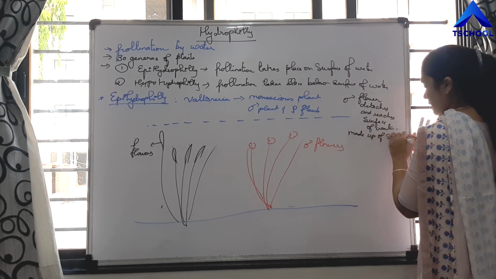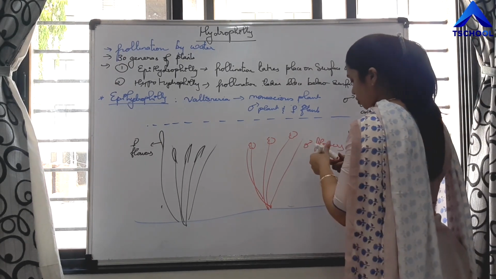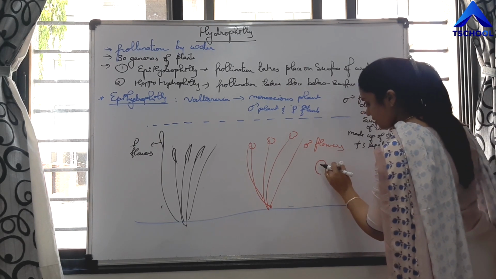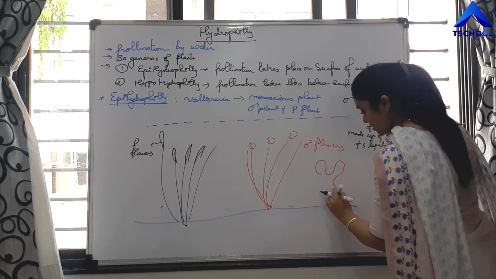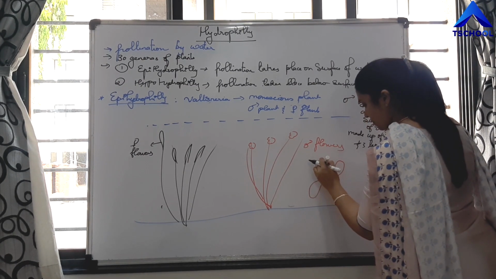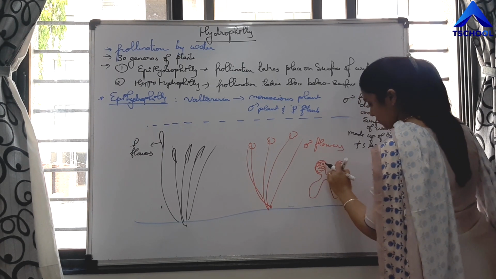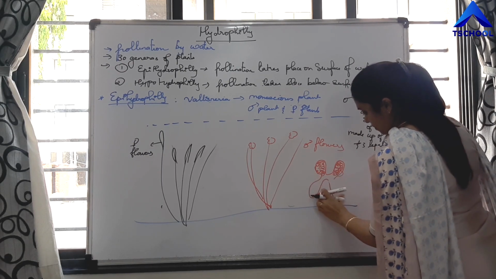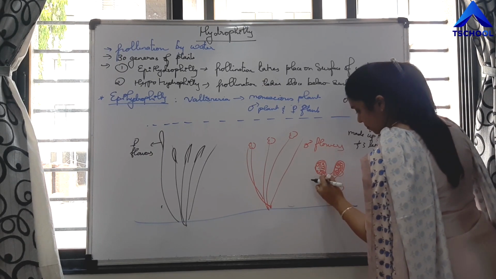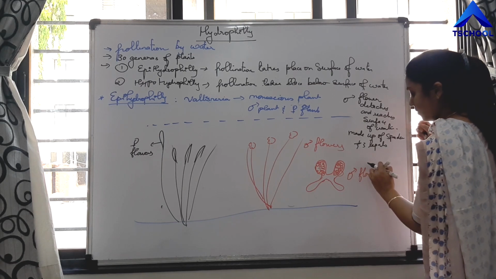spadix and 3 tepals, right? So we will draw the structure of the male flower. This is a male flower, right?